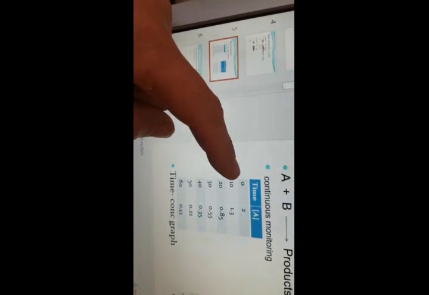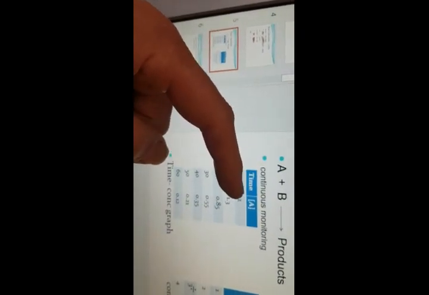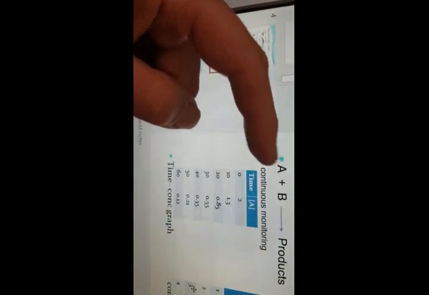But this time, instead of just taking one measurement after 10 seconds, you must measure the volume of gas after 10, 20, 30, 40, and so on. Often you would go on measuring for 3 to 4 minutes. And although strictly you would measure the volume of gas, by calculation you could work out the concentration of the reactant A at each time interval.